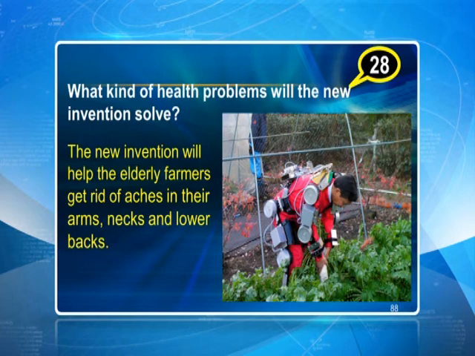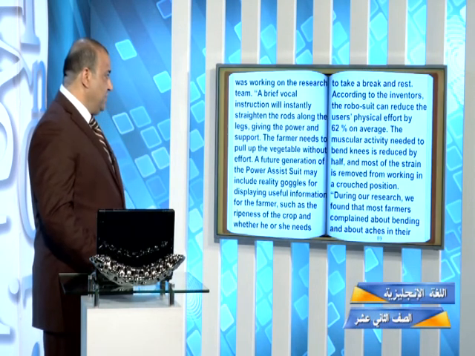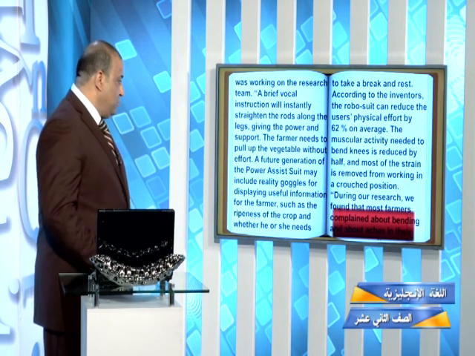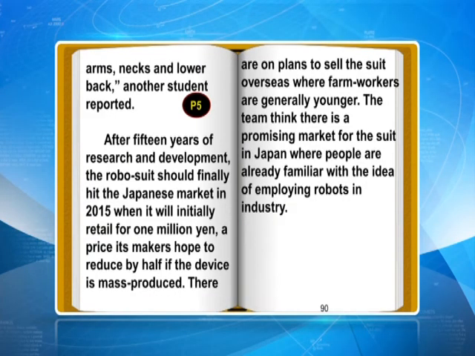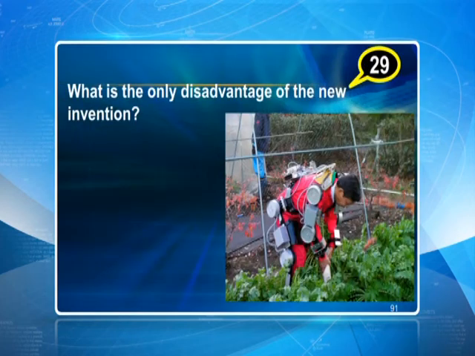Why? Because as it is mentioned in the reading comprehension, most of the farmers in Japan are of old age. Let's check our answer. So they complain about bending and about aches in their arms, necks, and lower back, which is correct. What is the only disadvantage of the new invention?